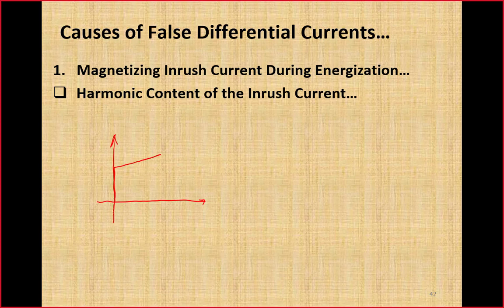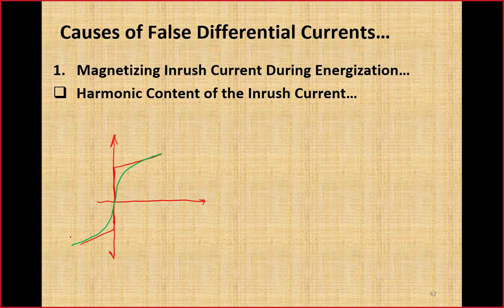Similarly, in the negative cycle, this vertical line represents the linear region and this small slope represents the saturation region. The actual magnetic characteristic will be like this. Just to make our analysis simple, we have approximated this green magnetic characteristic with its red approximation.